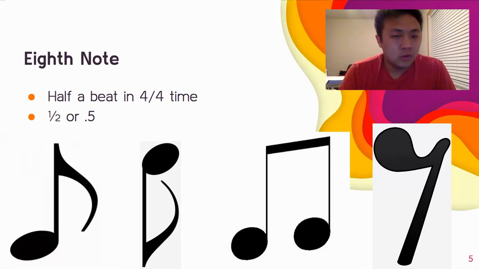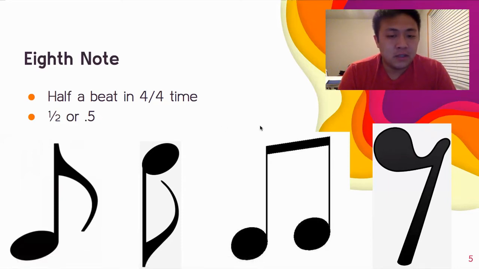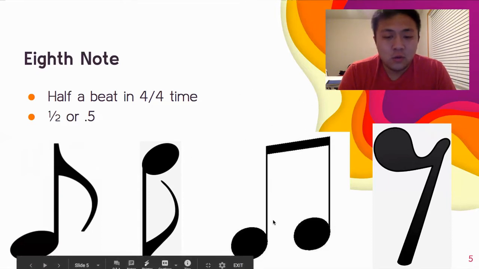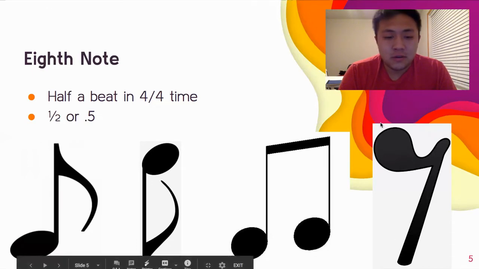2 eighth notes go into 1 quarter note. When the stem is up, it looks like this. When the stem's on the bottom, it'll look like this. This is when it's by itself. One of the things that people get mixed up is they don't put these 2 things together. These are both eighth notes. When it's 2 or 3 or 4 together, they beam them. And when it's just 1 beam like this, that's still an eighth note. This is your eighth note rest, okay?